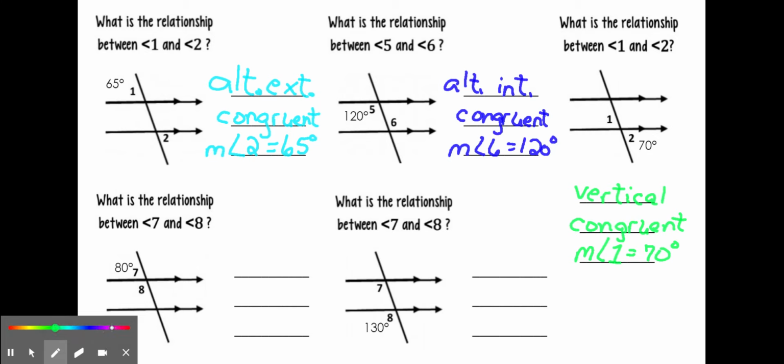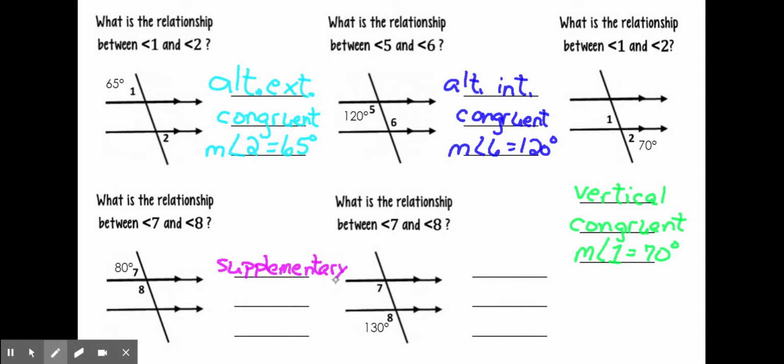Okay, so let's look at the next one. Angle 7 and angle 8. What would you say about angle 7 and 8? Well, they form a straight line, right? They form a straight line. So they have to do what? They have to add up to 180. So they are supplementary. This is a word from our previous lesson, right? Supplementary.